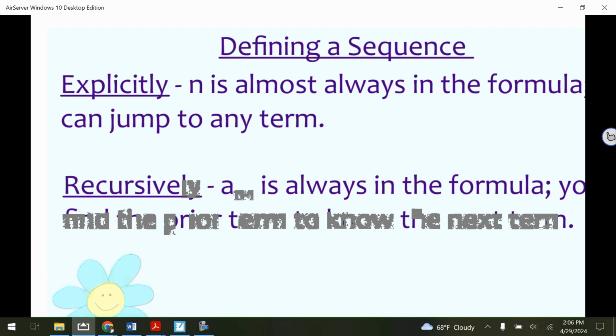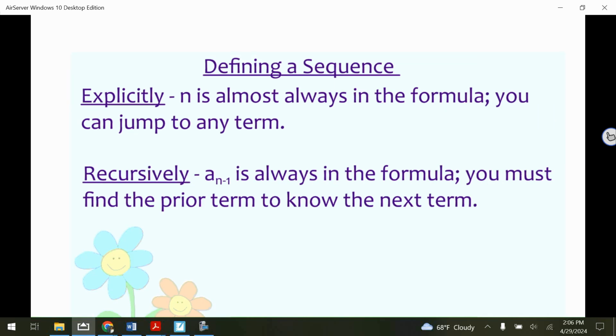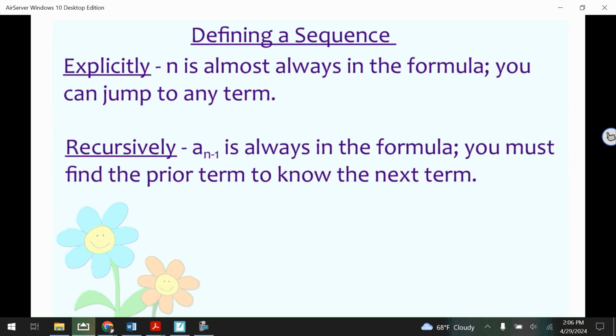Okay. So there are 2 ways to define a sequence. The first way is called explicitly. If you have an explicitly defined sequence, that means you can jump to any term. The explicitly defined sequence is also called the nth term formula, and it's given by a sub n equals.